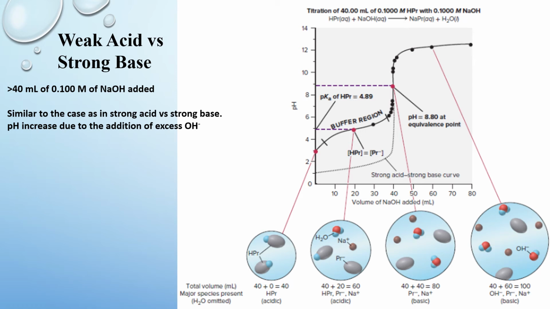It does exist, but again, it's a very weak base compared to the sodium hydroxide added. Although it will affect the pH slightly, once you add more sodium hydroxide, it's much stronger than that PR-, so that won't affect the shape of the curve. You notice that the dashed line here starts to overlap with the solid line. The way to calculate the pH is exactly the same as we did in the previous example.